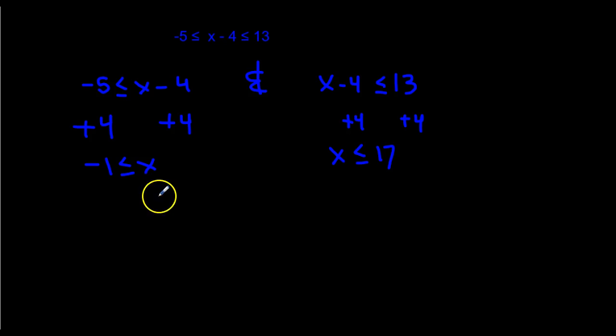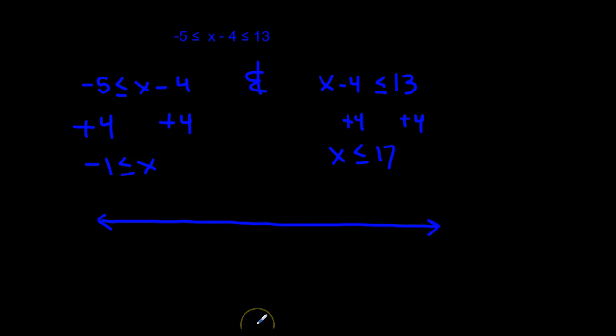So I think first we'll just graph this. So if I graph this, whoa, it's hard to draw a straight line on here. Let's try that again. Try it one more time. Here we go. There you go.